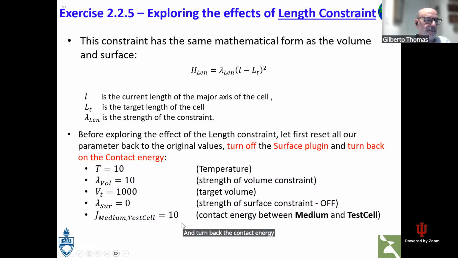We have T equals 100, lambda volume 10, volume target 1000, lambda surface set to 0 again, and the contact energy between medium and test cell goes back to 100, 10 again.